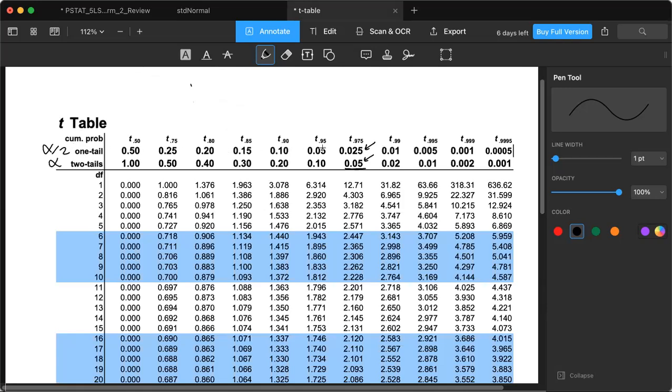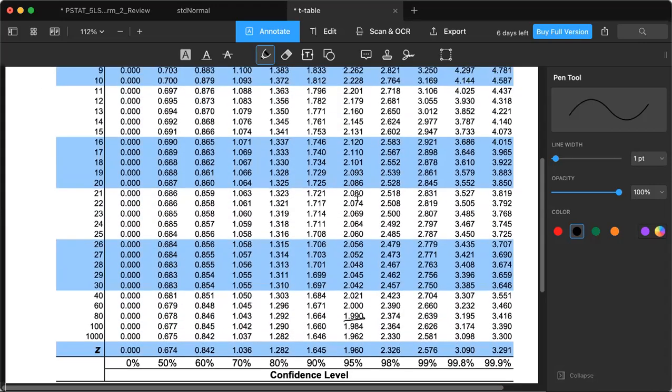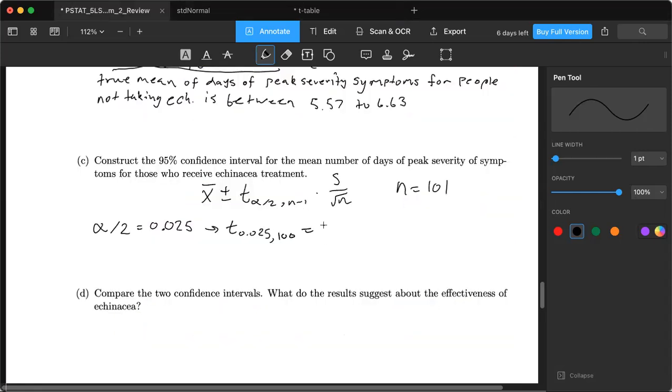So going back, it's going to be the same column. 0.025 is my alpha over 2, otherwise known as alpha being 0.05. Now I'm going to go down to 100. So it's just the one below it, 1.984. So it's equal to 1.984.